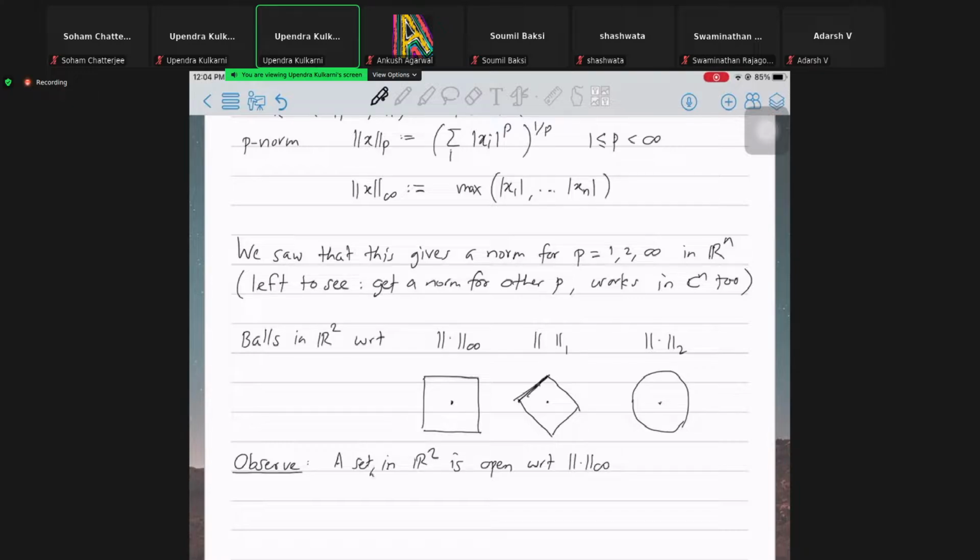A set V in R2 is open with respect to this norm if and only if what happens? By definition, that means V has to be a union of these square boxes, right?